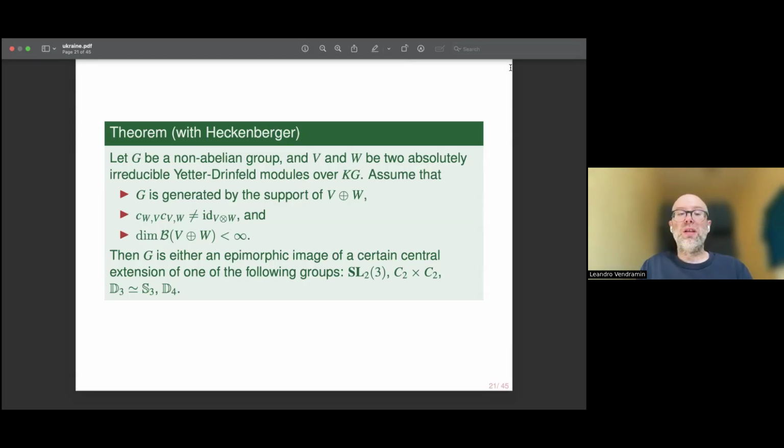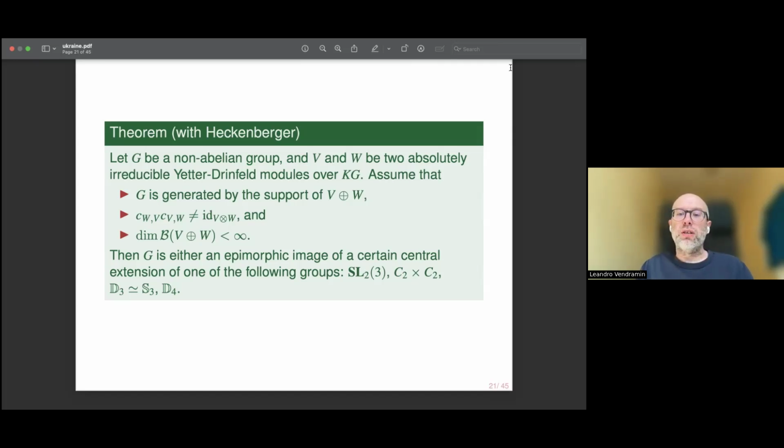Then the square of the braiding is not the identity, just to be sure that you are in the decomposable case. And the Nichols algebra of V plus W is finite dimensional. And then I can describe, up to central extension, very precisely what G is.